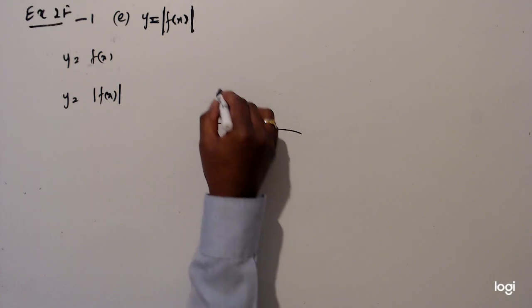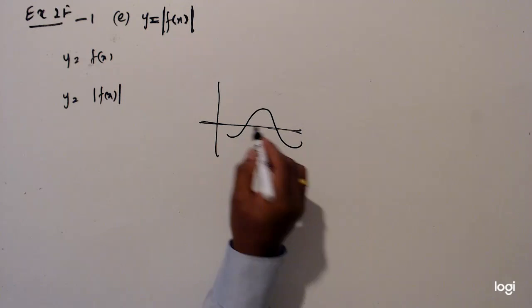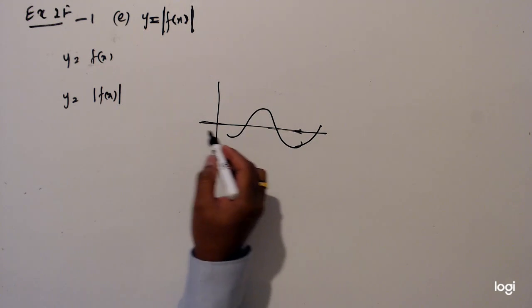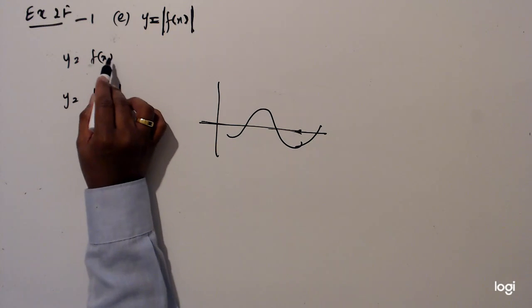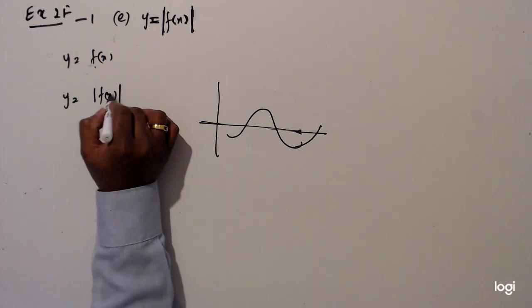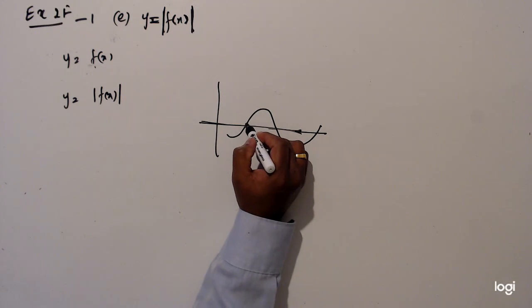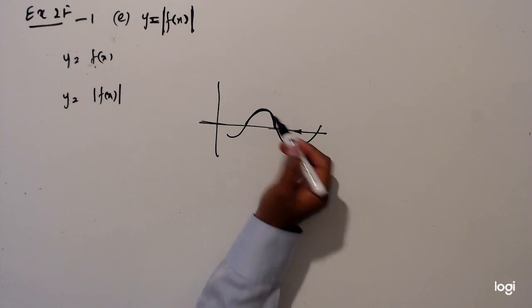If you look at the graph like this, all the y values turn into positives. So if the y value is positive, there is nothing to turn into positive, still positive it is.